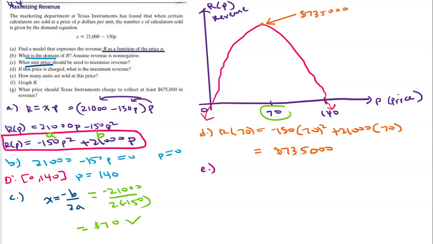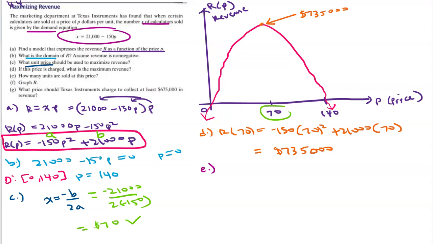Well, we have our price, right? When certain calculators are sold at a price P dollars per unit, the number X of calculators sold by the demand equation is this. So all we need to do is plug in our $70 for that, to find out how many calculators we need to sell at this price.